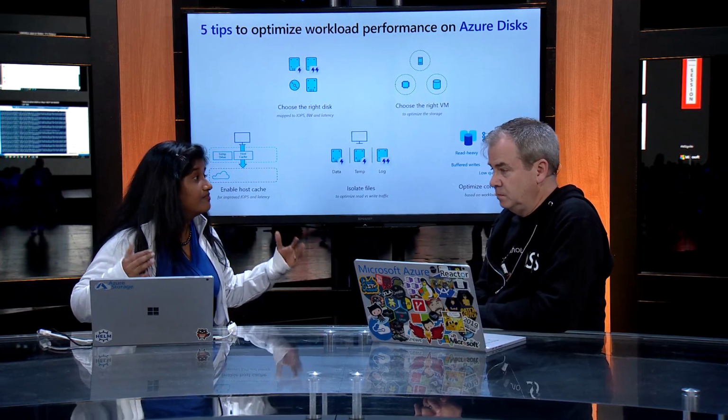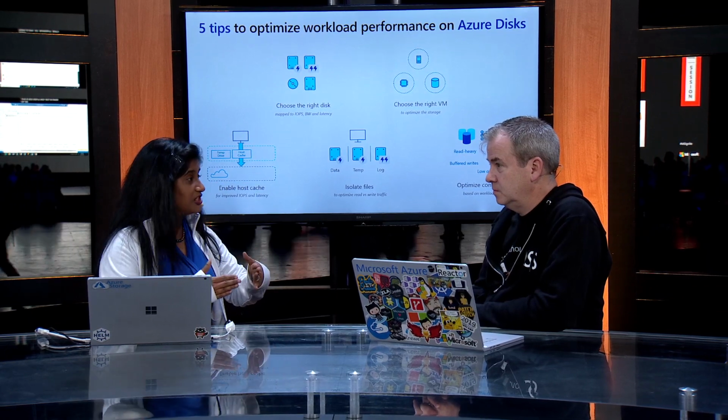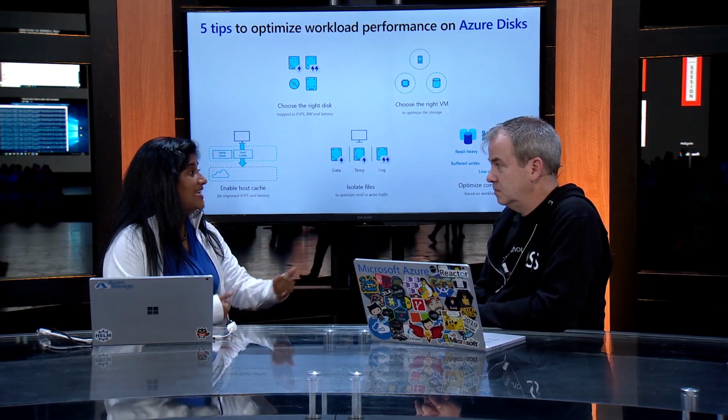You could add on a ton of disks, but if your virtual machine is going to restrict that, then you won't see that performance in your application. So as you use your application and realize that you need to scale up more throughput and more IOPS, you need to ensure that your virtual machine size also factors that in.